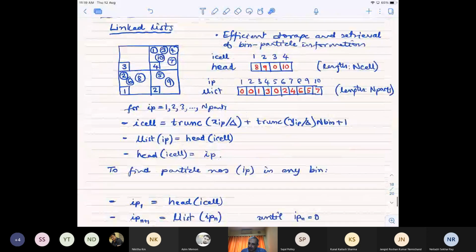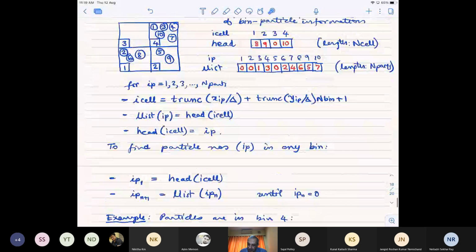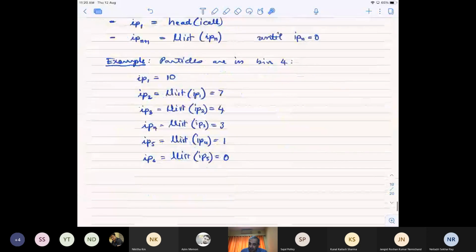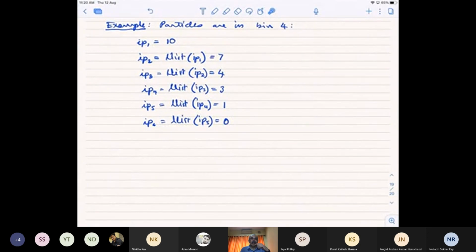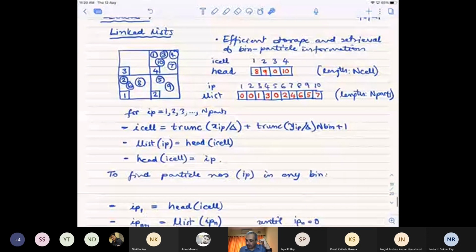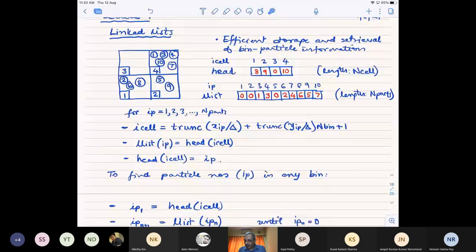So can you do this exercise now for, let's say, bin number 2? Can someone just orally tell me by looking at this, what is IP1 for bin number 2? 9.